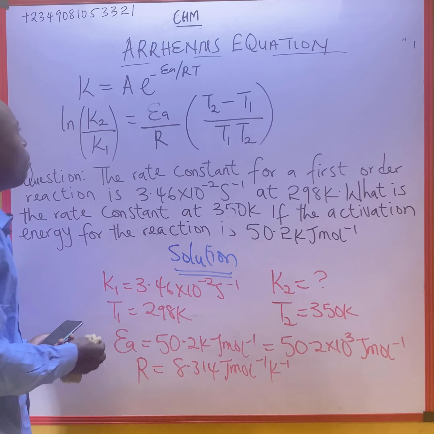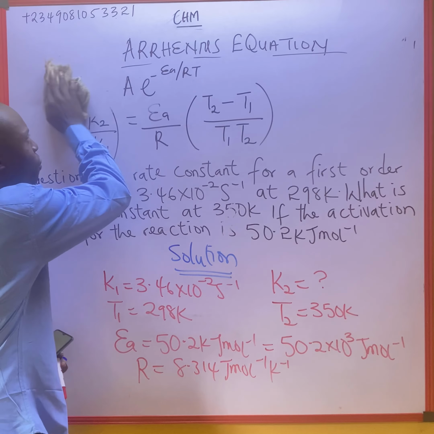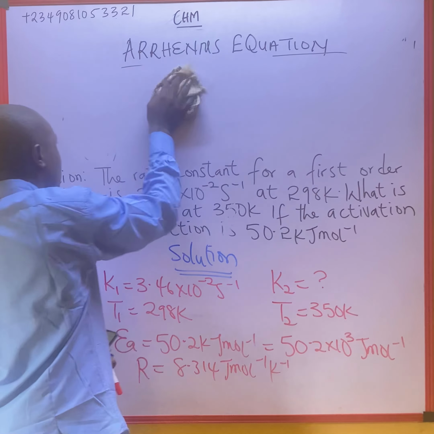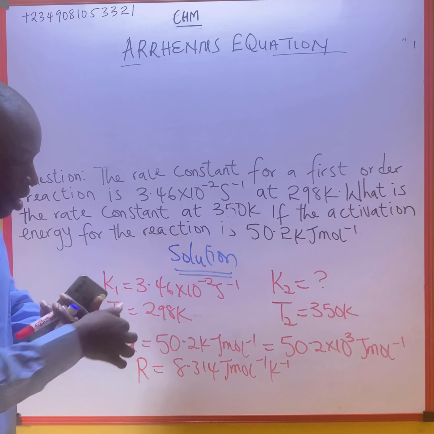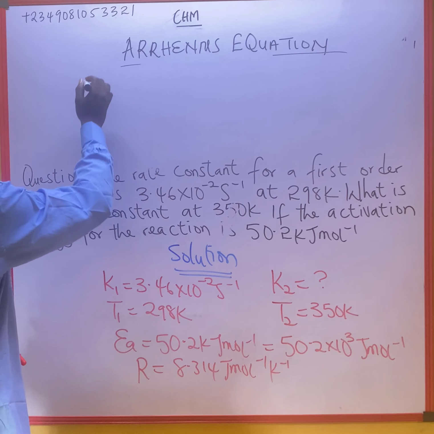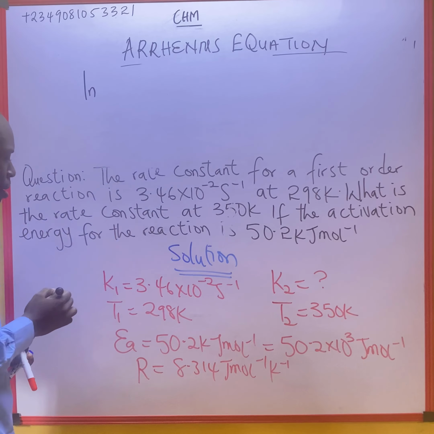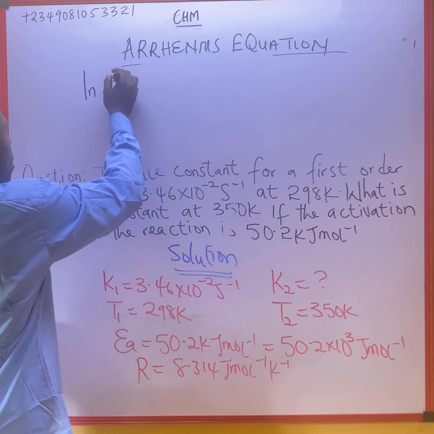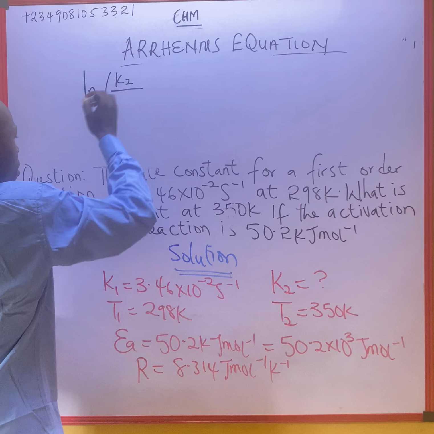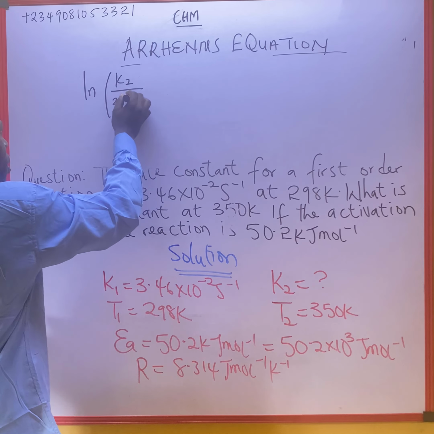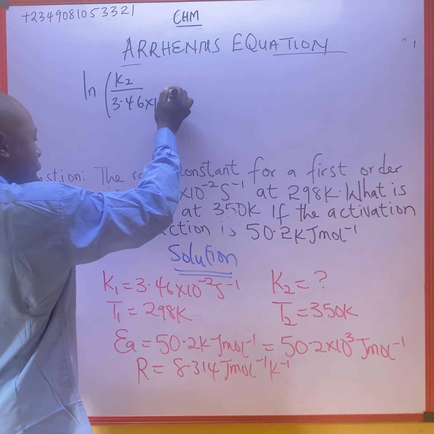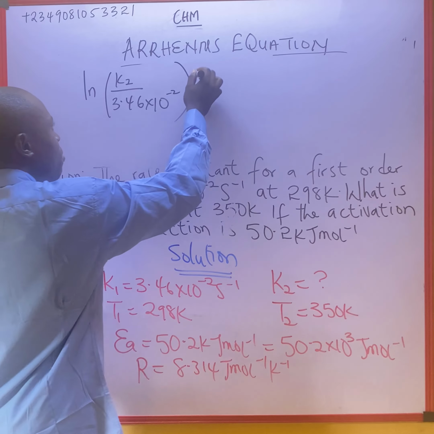So what should I do next? I'm to erase the board to create more space for it. So let us solve it together. Now, it becomes clean. My K2 is what I'm looking for. My K1 is 3.46 times 10 raised to the power minus 2.